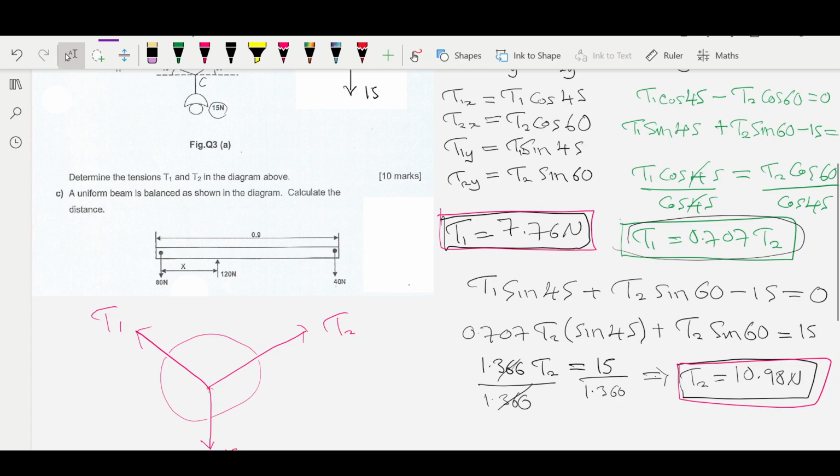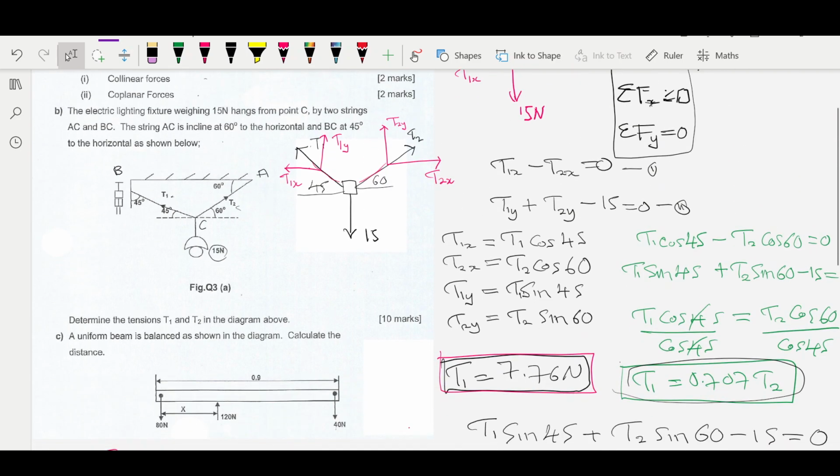So let's see what angles we have here. We know that this is angle 90 and that is angle 90 there. So 60 plus 90 is 150, and 90 plus 45 gives us 135. Then whatever will be here will be 180 minus this minus that.